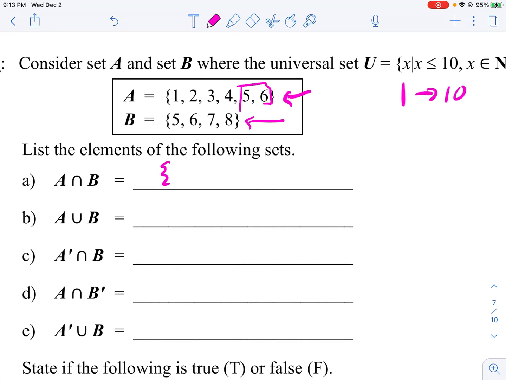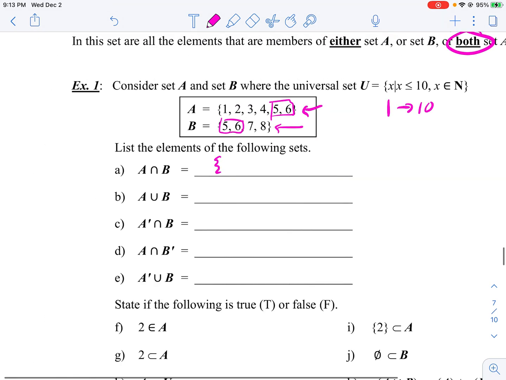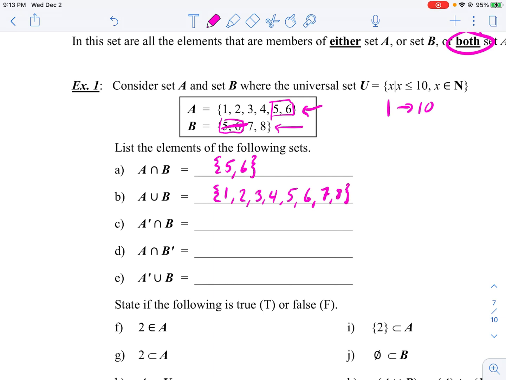So that would be 5 and 6. 5 and 6 both exist in set A, and they both exist in set B. In set A or B, we have the entire set of A, and we have the entire set of B. But make sure you don't rewrite the two numbers you've already written, the 5 and the 6. So A or B includes all of the numbers in A and all of the numbers in B.